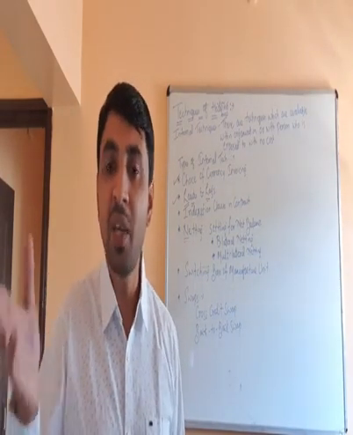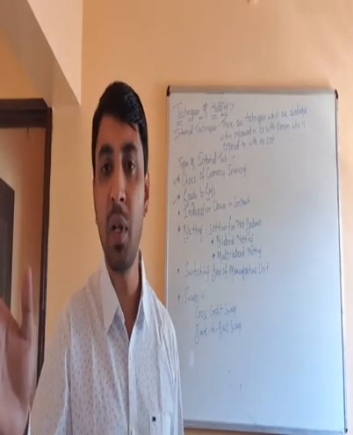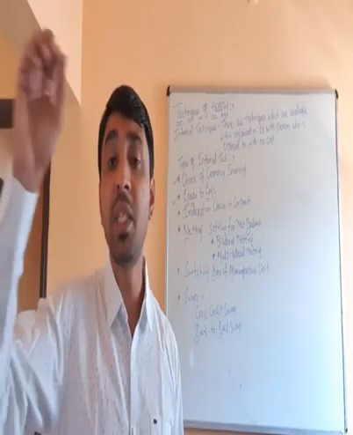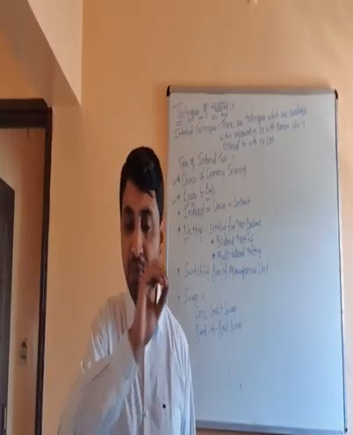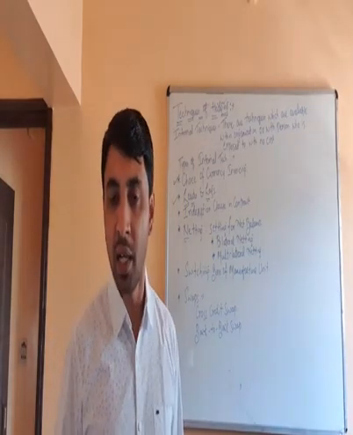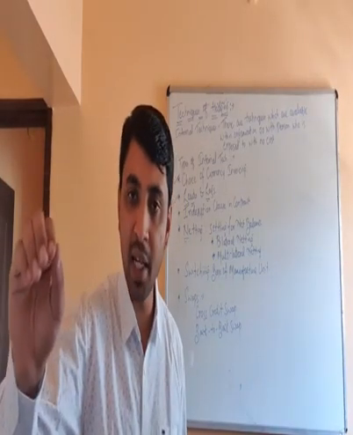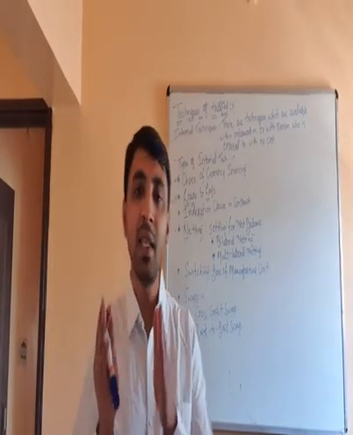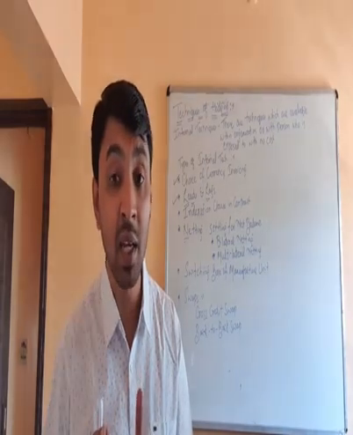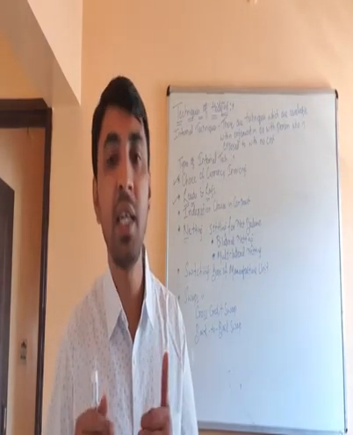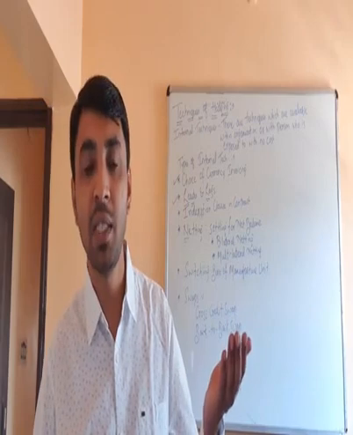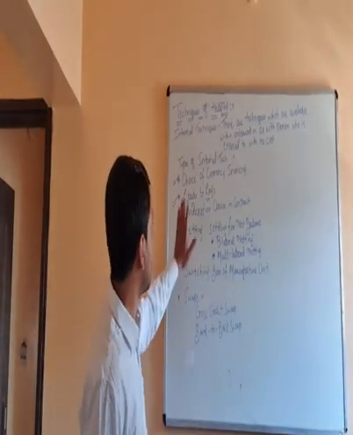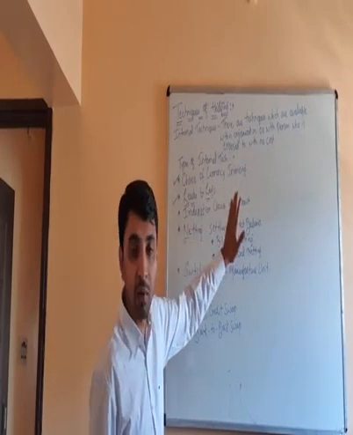Or else, if the exporter is ready to accept some other currency which is stable, which is not fluctuating regularly, and they are agreeing, yes, they can do that also. So ultimately the choice of currency is being made. Any currency which is stable, if the firms are agreeing, they can take into consideration. So that is called choice of currency invoicing.